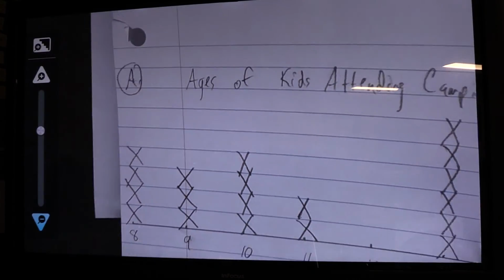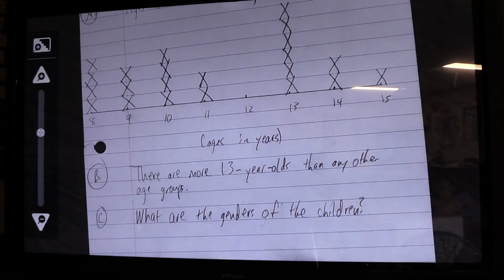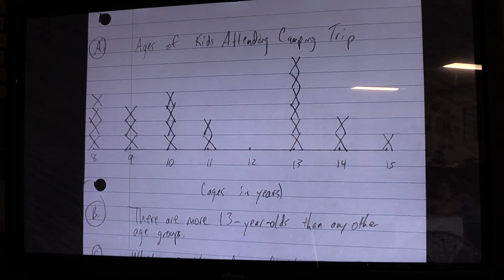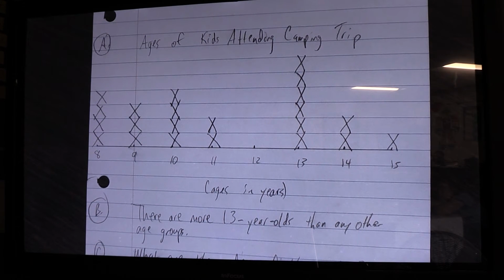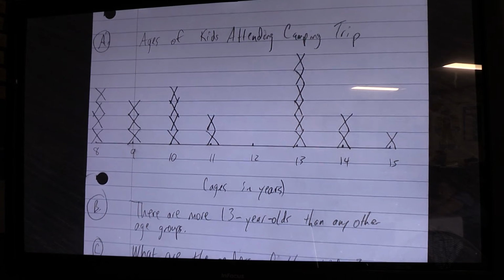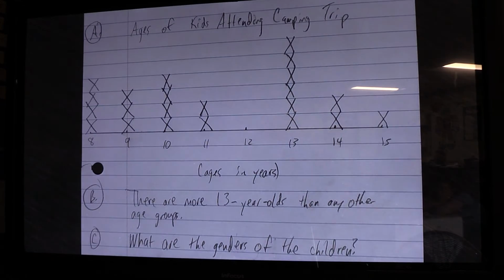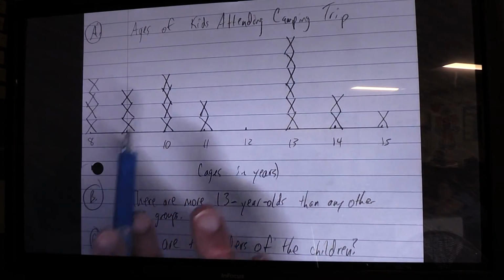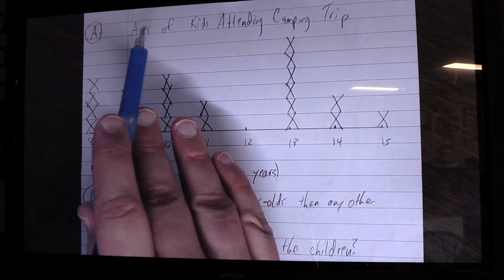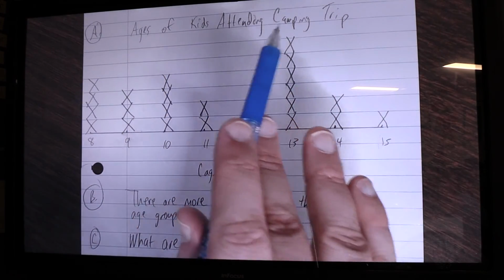Now here is one that I've already created that goes with this data. If you were to look at number 3A, it wants you to draw a line plot on grid paper for the data. Now, I didn't have to use grid paper. I was just very careful and did it on regular paper. And the title of this dot plot is Ages of Kids Attending Camping Trip.